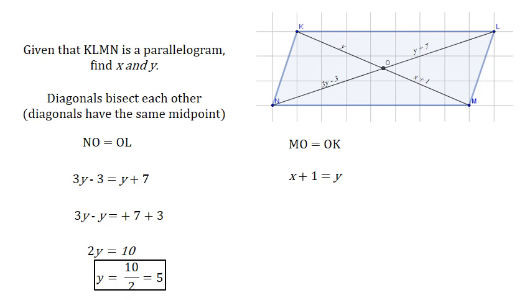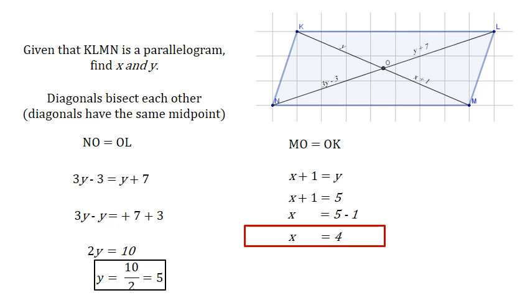I will replace MO by x plus 1, and I will replace OK by y. But y, we know its value. We have already found y. It was 5. So I will replace y by 5. So the equation will be x plus 1 equal 5, or x equal 5 minus 1, which is 4. And we are done.